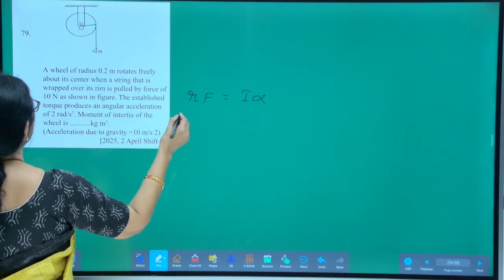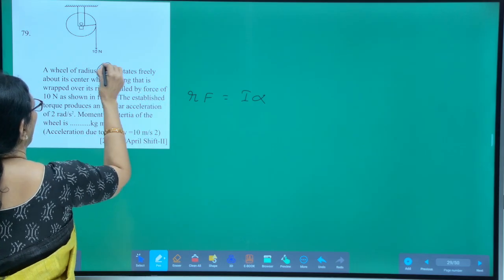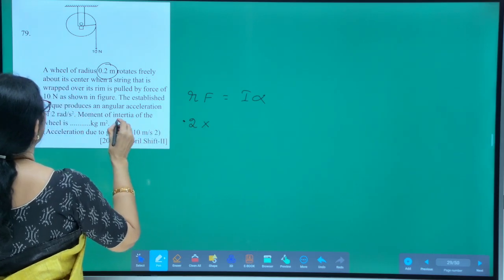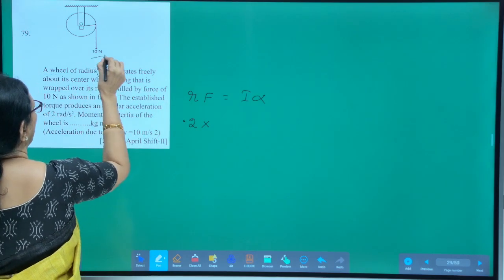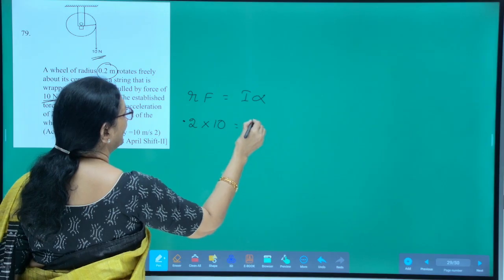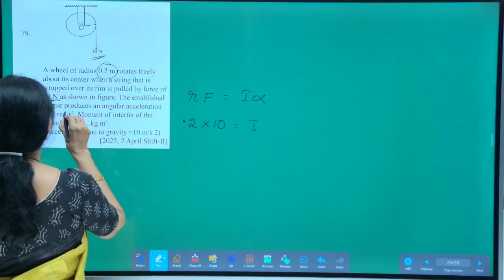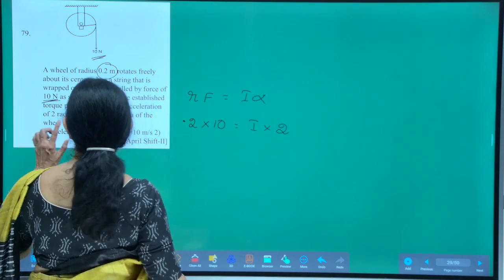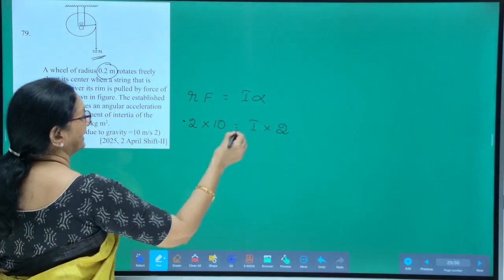So, the radius is given as 0.2 meters, and the force is given as 10 Newton. You are supposed to find the moment of inertia if the angular acceleration produced is 2 radian per second square.